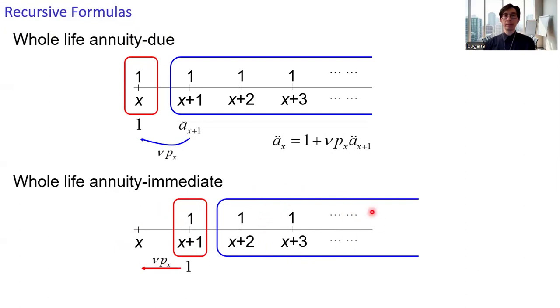And the remaining payments, the actuarial present value at age x plus 1 is the whole life annuity immediate at age x plus 1. Discount back, and we get the relationship.